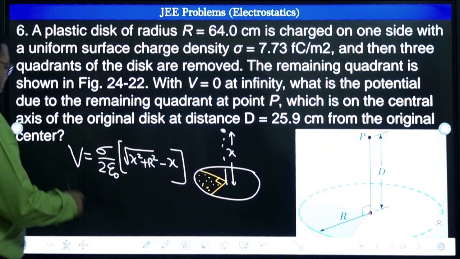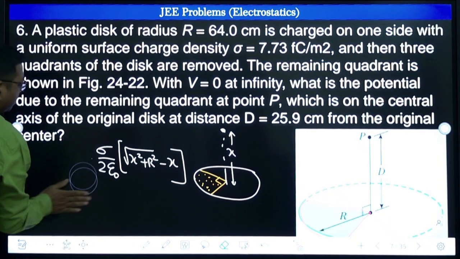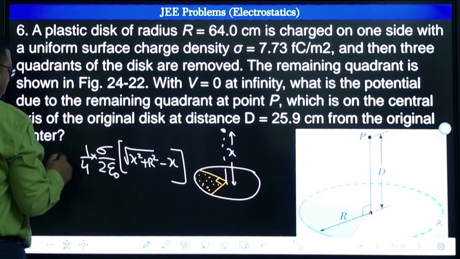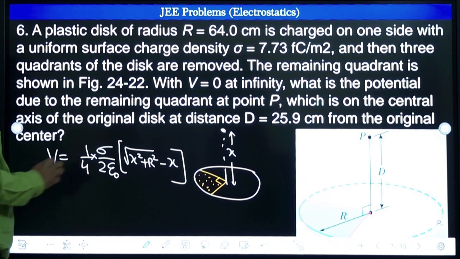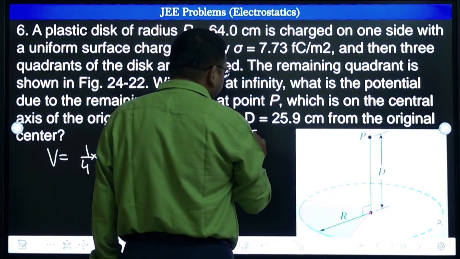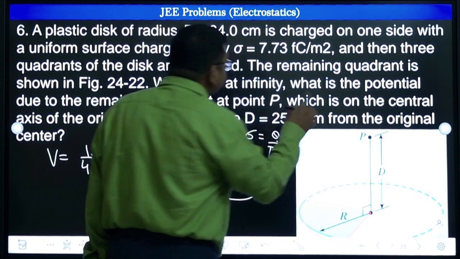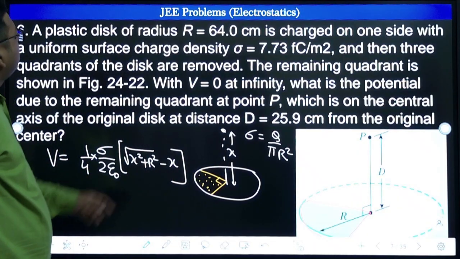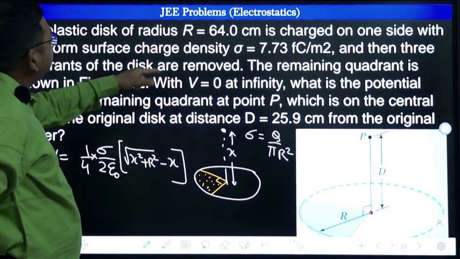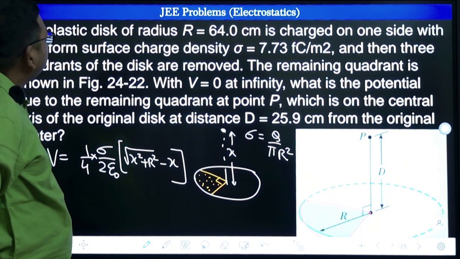So here you can just put a factor of 4 in the denominator, just put 1 by 4. Remember, this sigma is the total charge by the total area, which is pi r square, because the total charge was spread over that area. Anyway, they have directly given the charge density here, and then three quadrants of the disk are removed.